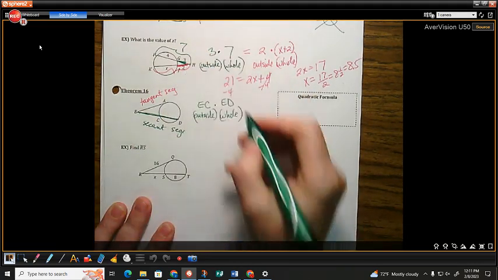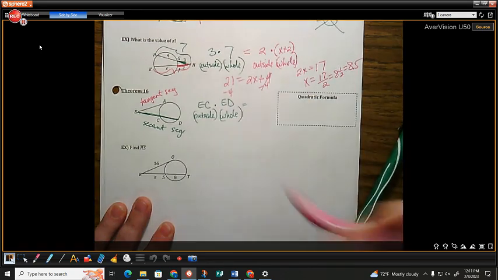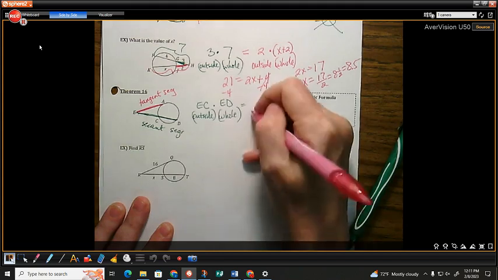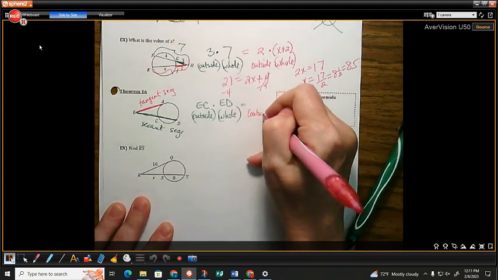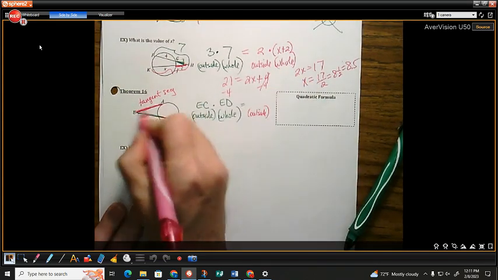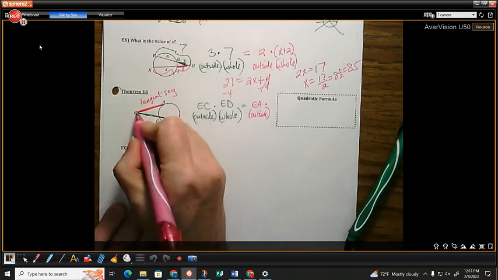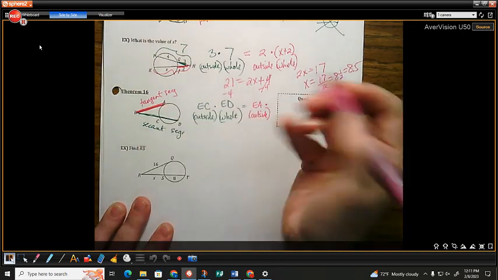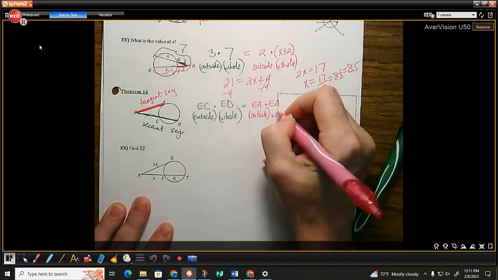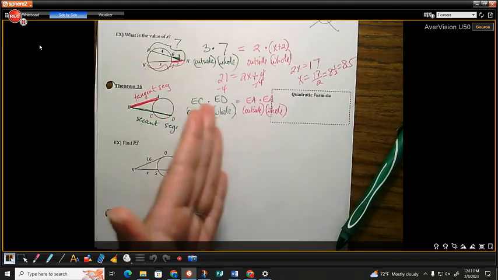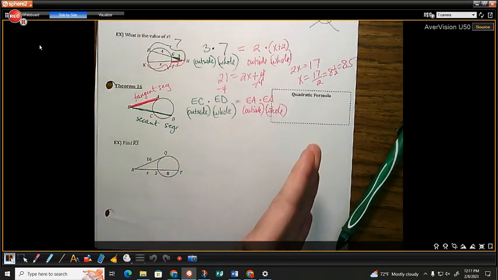Now for this tangent guy, I'm going to treat it like a secant. So let's look for what's its outside part. EA. How much is my whole tangent? EA. So I can still do outside times whole and outside times whole.